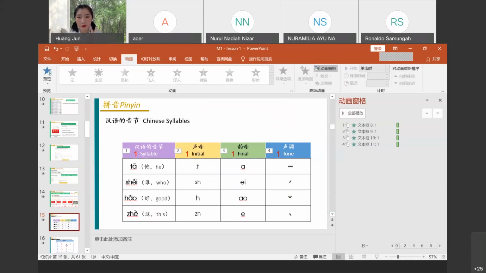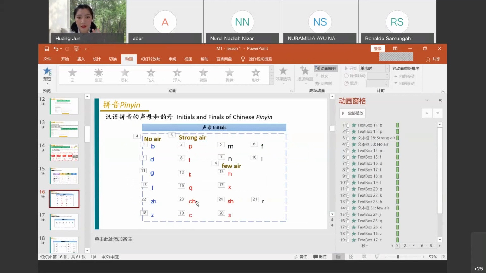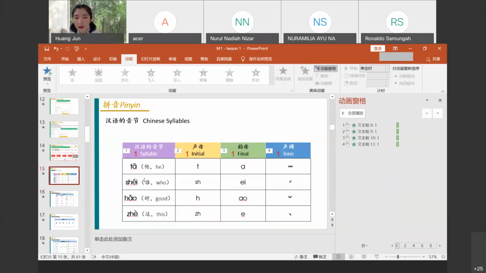We told you we have 3 special cases: ZH, CH, and SH are special initials because they have 2 letters in one group. Other initials are just 1 letter, as you can see from this page. In the syllable, except the initial, all the letters behind the initial count as 1 final, no matter whether it's 1 letter or more than 1.